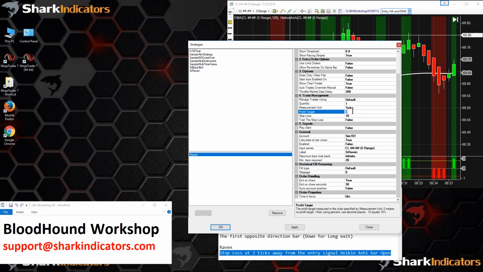Same with profit targets. Profit targets are only offset from the entry price. So if you want more advanced capabilities in setting your profit targets and stop losses, that's what Blackbird is all about.